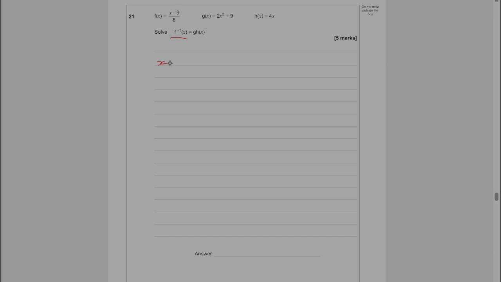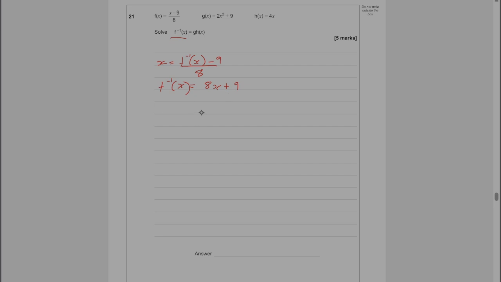So I'm going to say that x is going to be equal to f to the minus 1 of x minus 9 divided by 8. So f to the minus 1 of x is going to be equal to 8x plus 9. Just rearrange that.